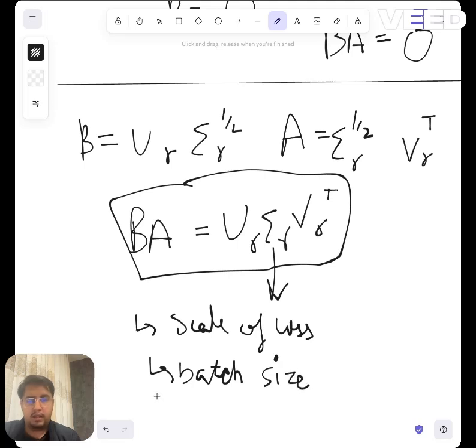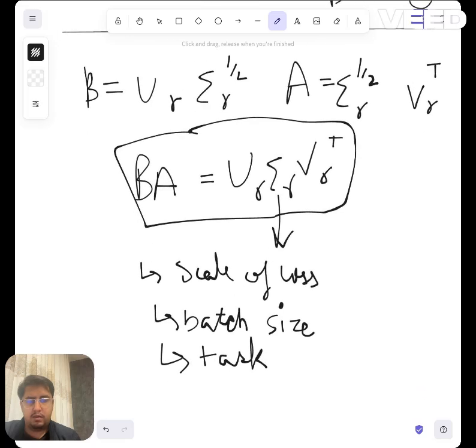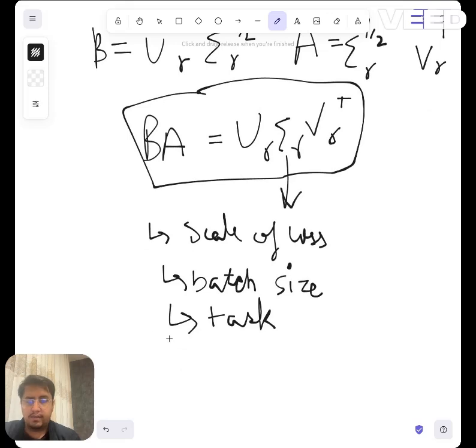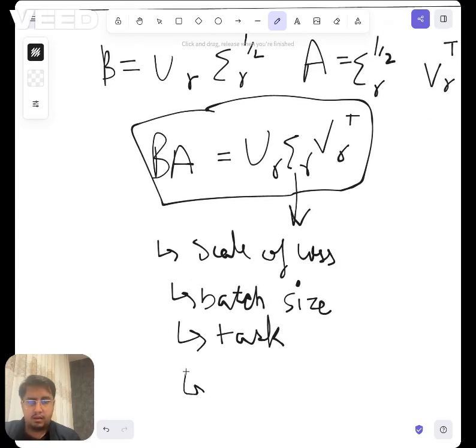They could depend on the task. They could depend on the layer. And what's actually worse is that the output magnitude actually changes with the rank.